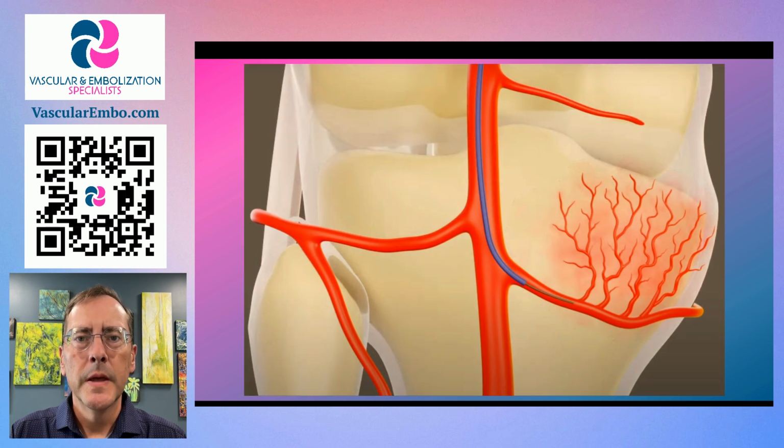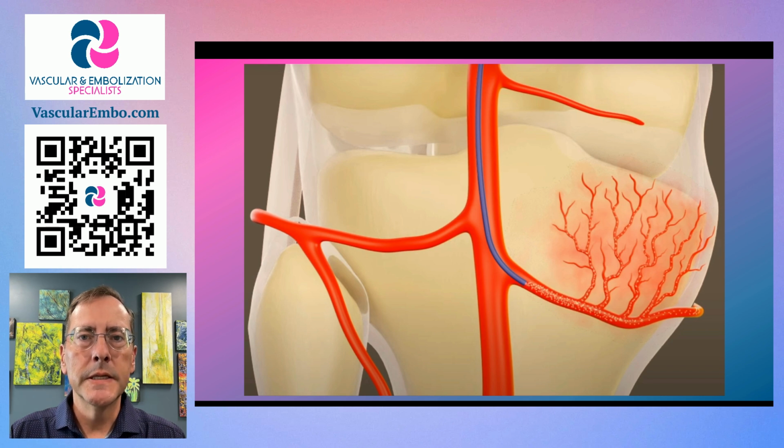This is a video that shows an animation of the procedure itself. That's that tiny little tube, a microcatheter, that goes into a branch of your artery that feeds the knee joint, in this case, an inferior medial genicular artery. We're injecting the microscopic particles, which preferentially fill those branches that have grown in response to the inflammation, the vessels that are too big, too numerous, and causing joint destruction and inflammation.